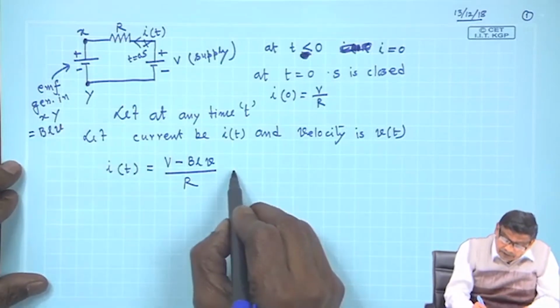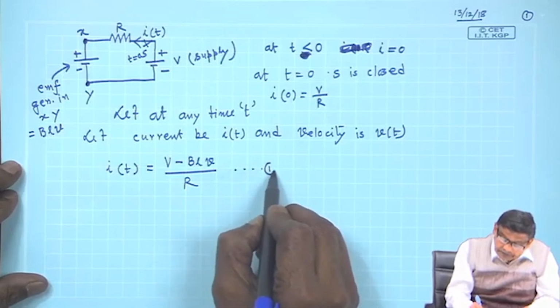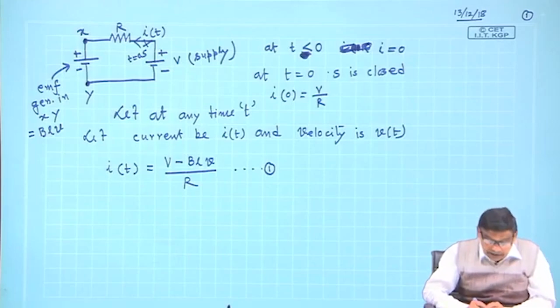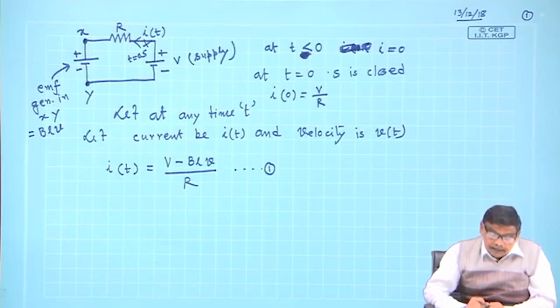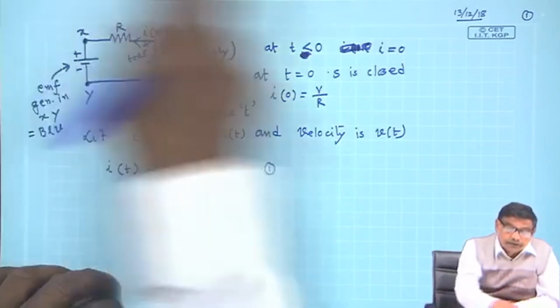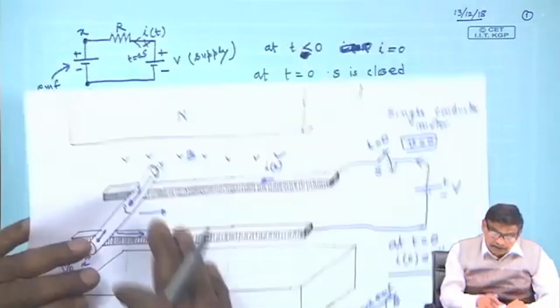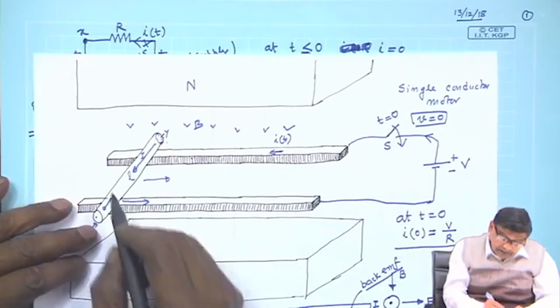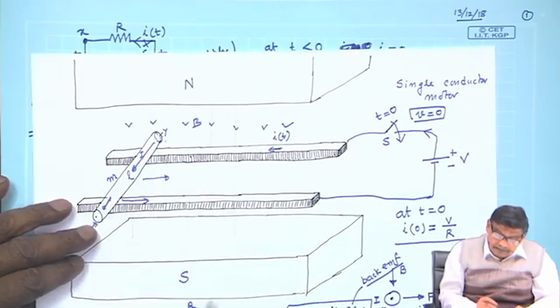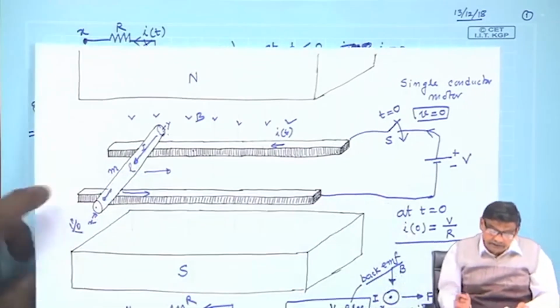So, this is one expression, but to get the expression of current and voltage for any time t, I have to generate another equation. And what is that equation? That equation is the electromechanical equation, the dynamic equation of this moving bar. This bar is moving, and let us assume the mass of the bar is m and velocity is v.